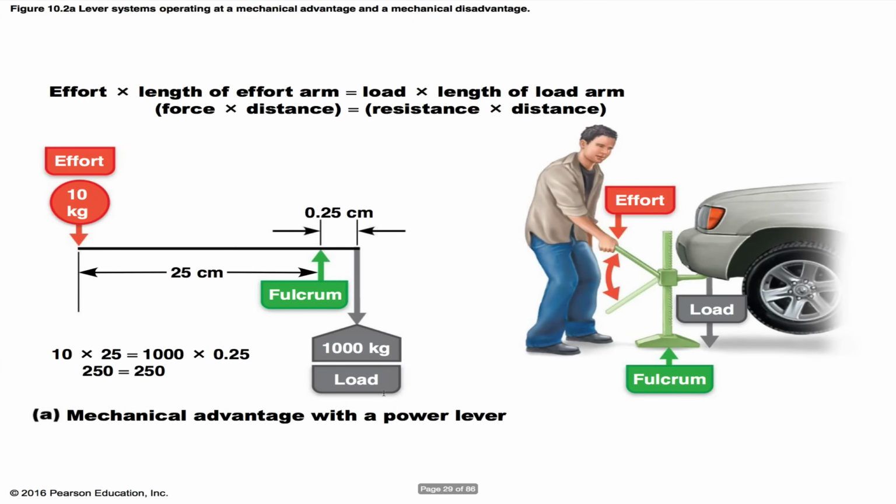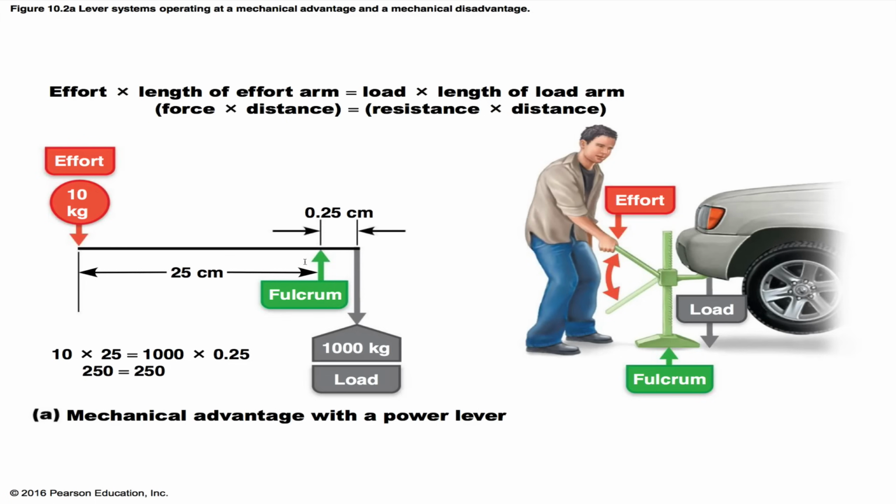Now, when you compare it to this photo over here, this is where we have a mechanical advantage. Now notice what we have here. The load is 1,000 kilograms, okay? So in order to move 1,000 kilograms of load, only 10 kilograms of effort is applied. So the main difference here is that the distance between the effort and the fulcrum is far greater, okay?